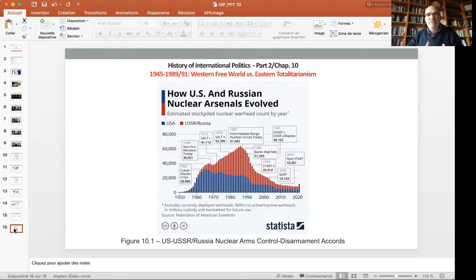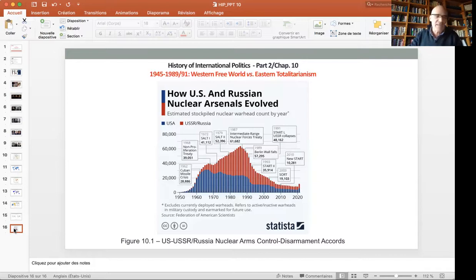The principles included in the Helsinki Declaration, all the principles, and first and foremost, the respect of human rights, are Western values. They express Western, liberal, democratic values, which amounts to saying that in 1975, maybe unconsciously, the Soviets accepted to sign a declaration enshrining Western values and not communist values.